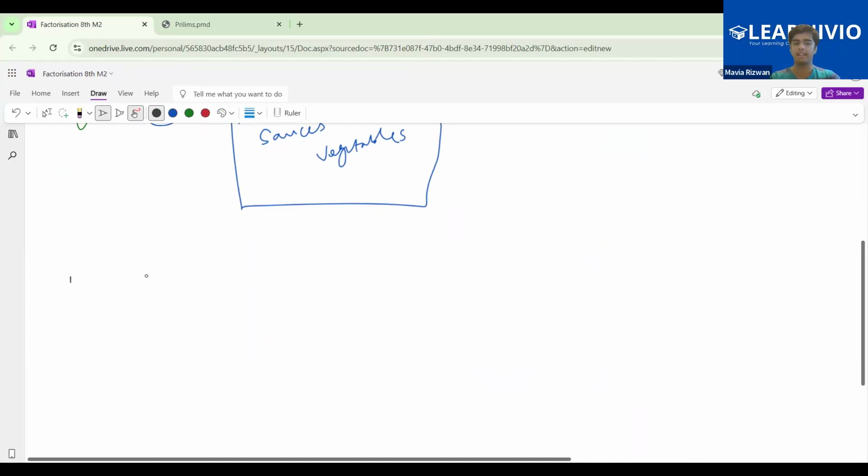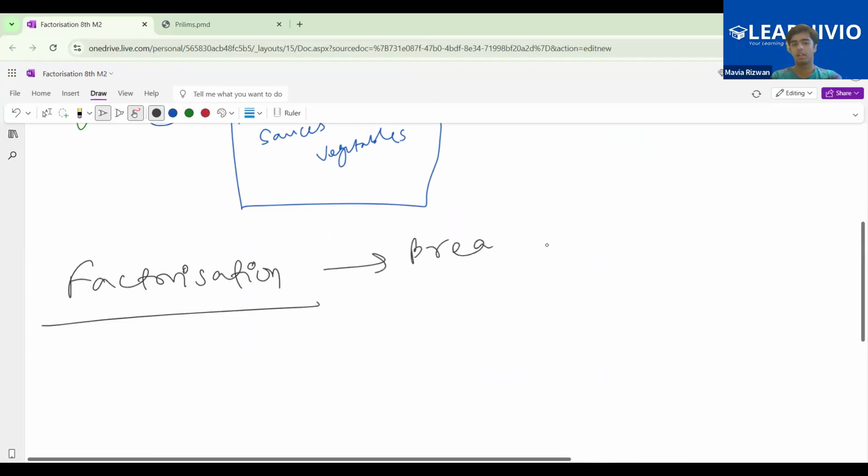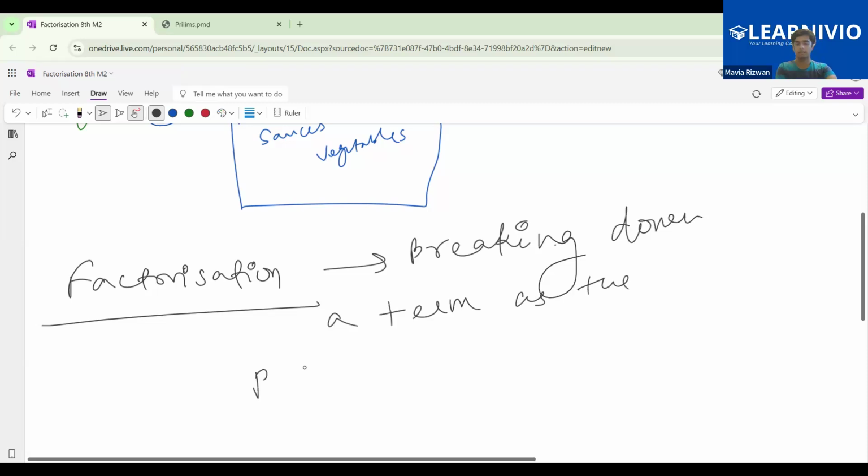So basically, factorization is breaking down a term as the product of its factors. This is known as factorization.